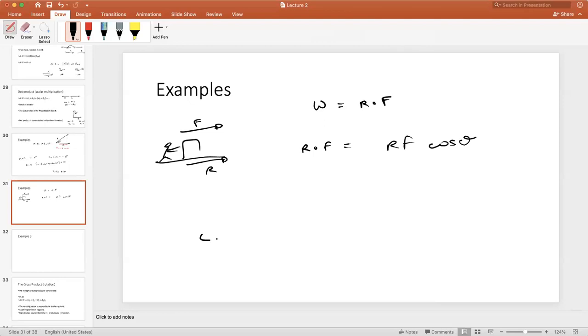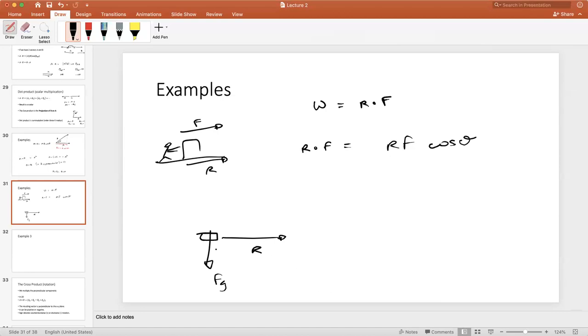Then r dotted with F, since r and F are in the same direction, is r F cos theta. Now, however, let's say I carry a book along r and the force of gravity acting on that book is down. So I'm holding the book in my hand and I'm walking across a room, and the length of that room is my r vector. While I'm holding that book, the force of gravity is acting downward.